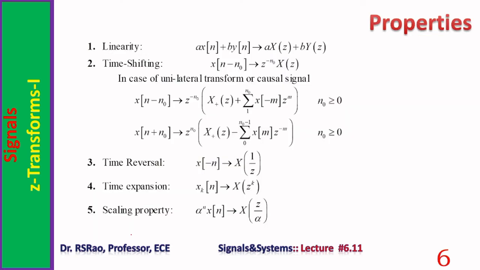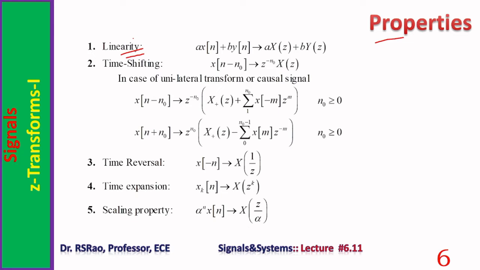Now we consider the basic properties, beginning with linearity. Here, bare or naked properties are considered. We go deep into them in another session. Linearity means the transform obeys the superposition principle.